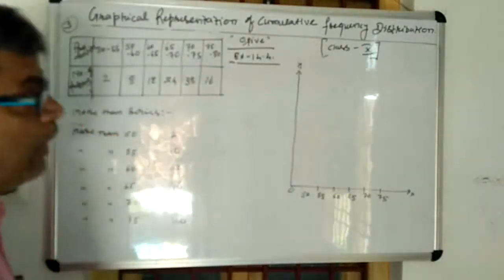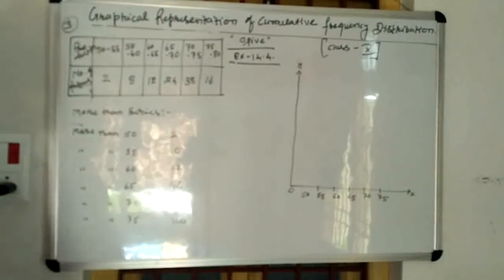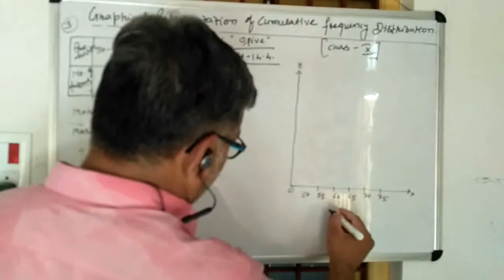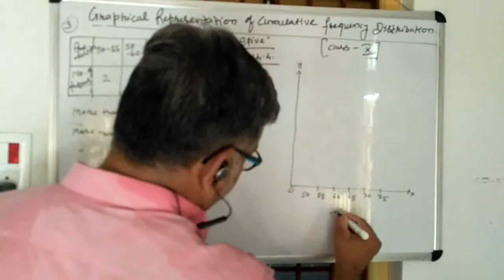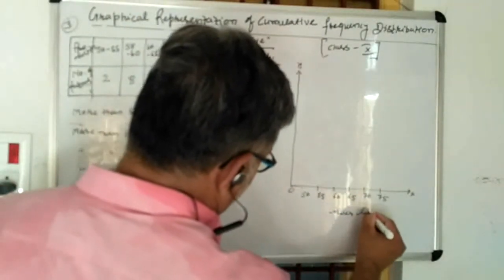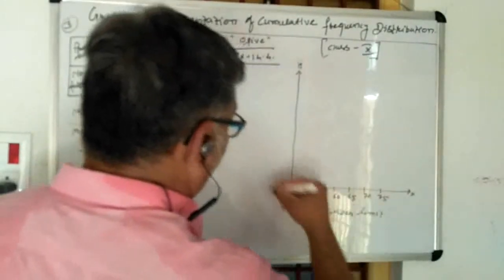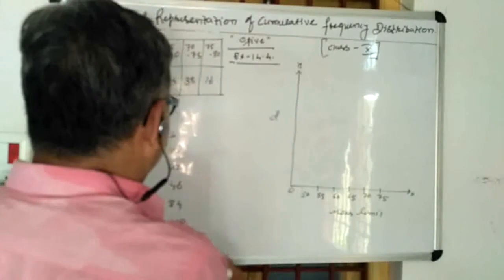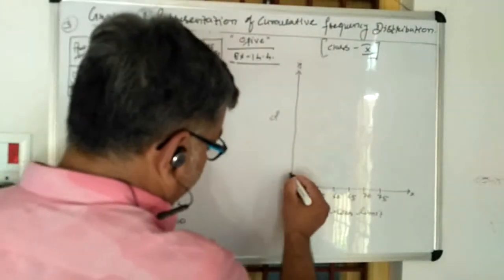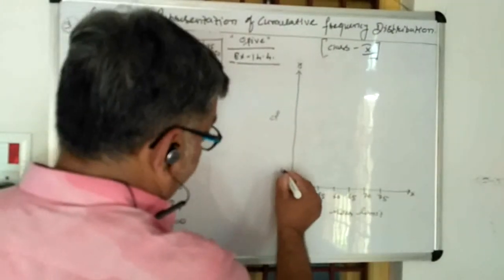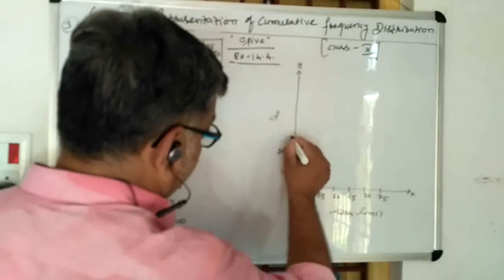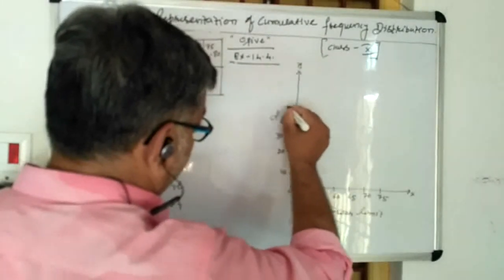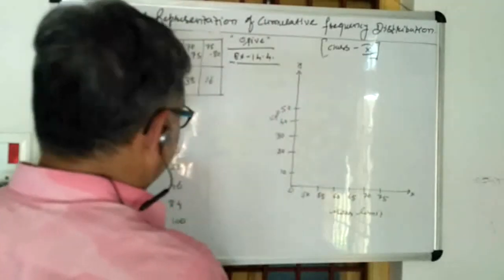And on the y-axis it is the class frequency, the cumulative frequency. So it will be, I think, 10, 20, 30, 40, 50.